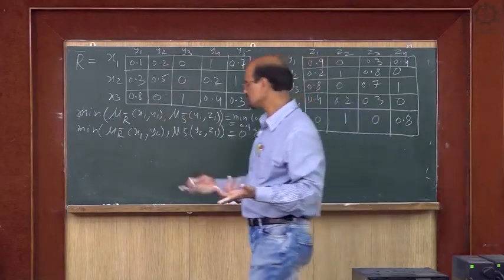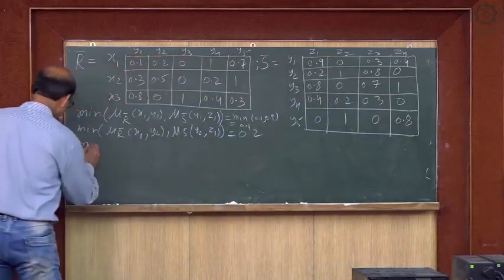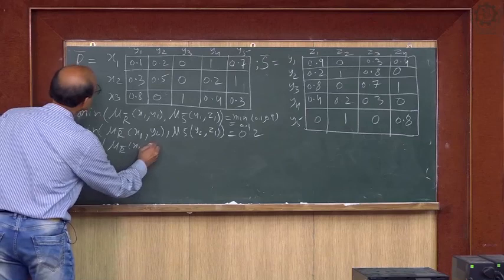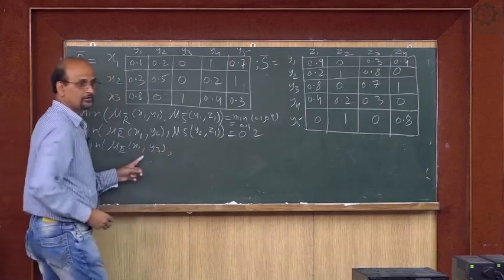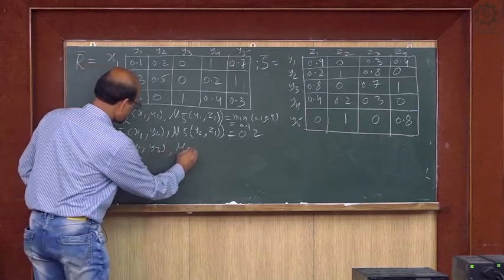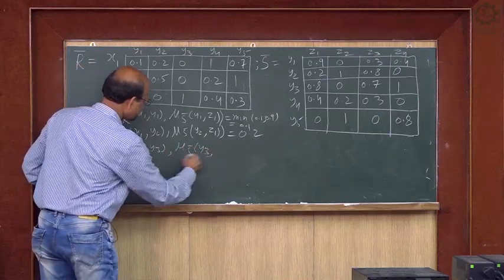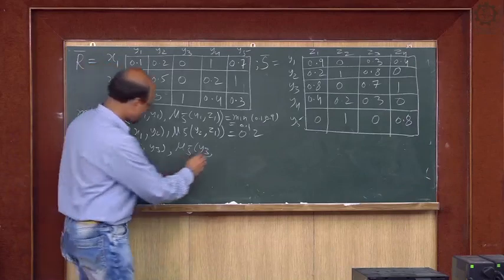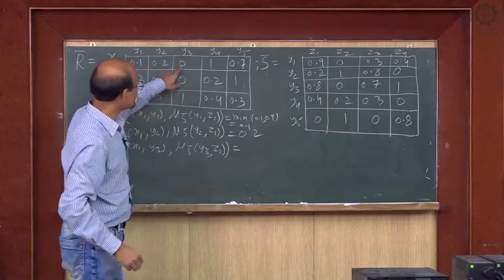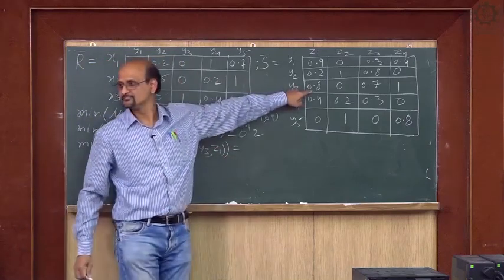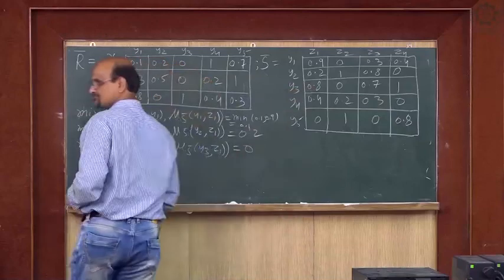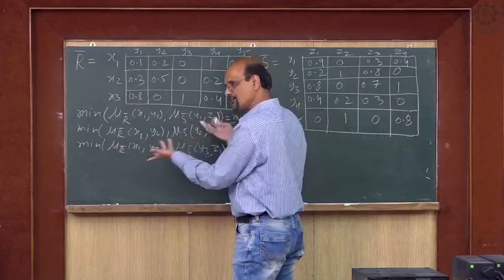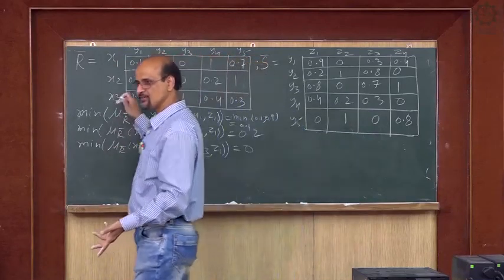Is it okay? So this way you can write all. Minimum of mu R bar x1 y3 and mu S bar y3 z1, that means 0 and 0.8, so it is 0. Looks very simple, but while calculating you may make a mistake, so be careful.